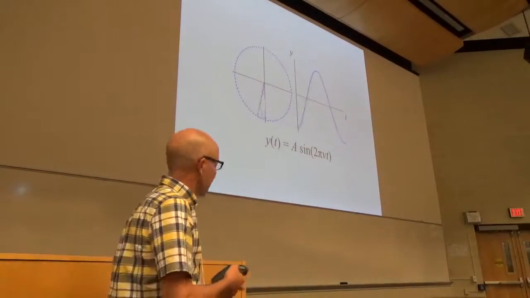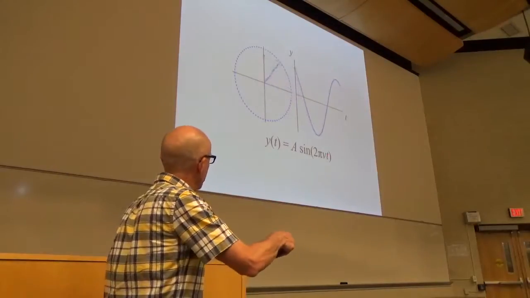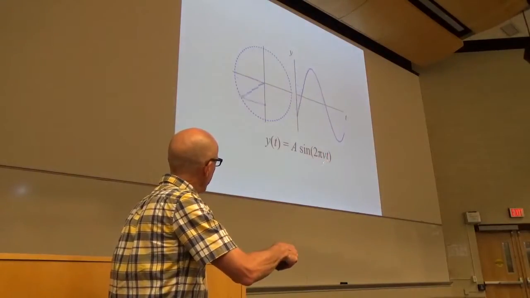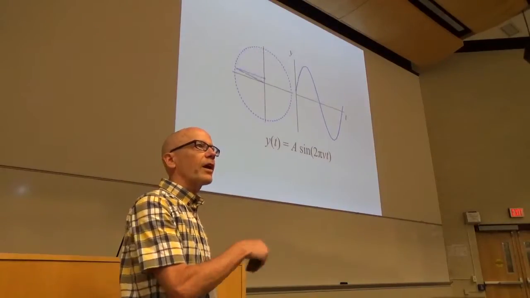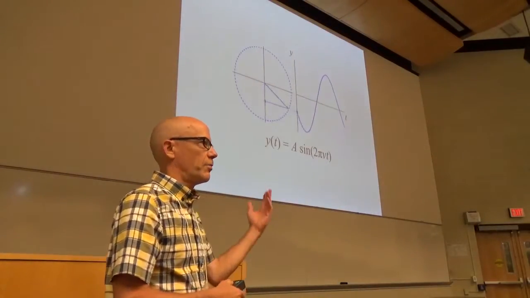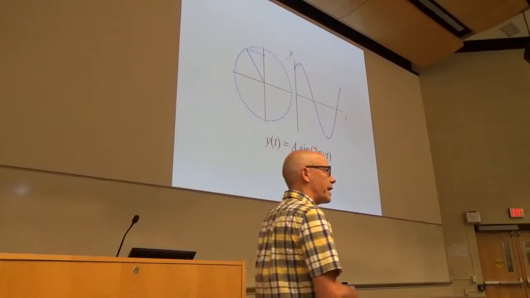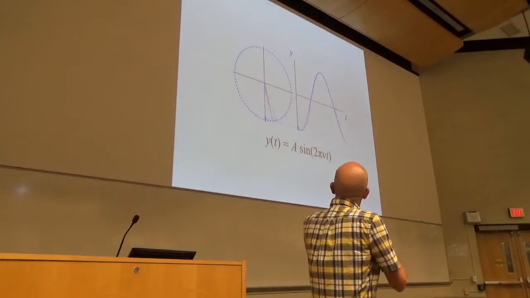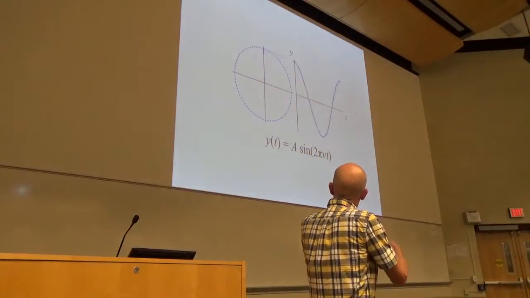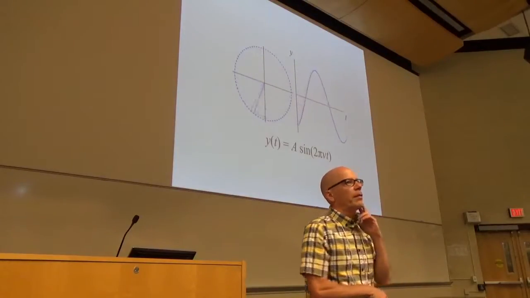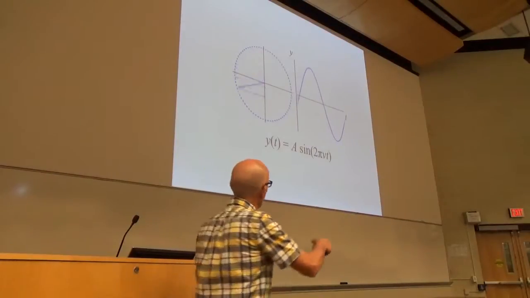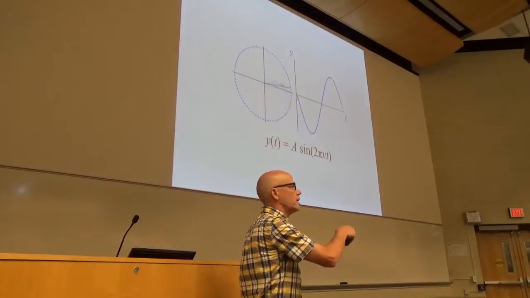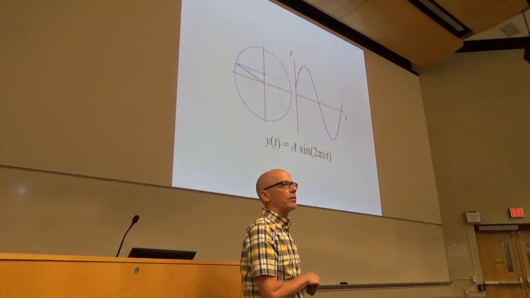So I've got my equation for the wave: 2 pi, the frequency, and the time. I try to use these types of visualizations anywhere I can to explain, going around the circle, how that traces out a wave. So now I've got an equation for a wave here, and I'm going to wind up using this a couple more times within the course.